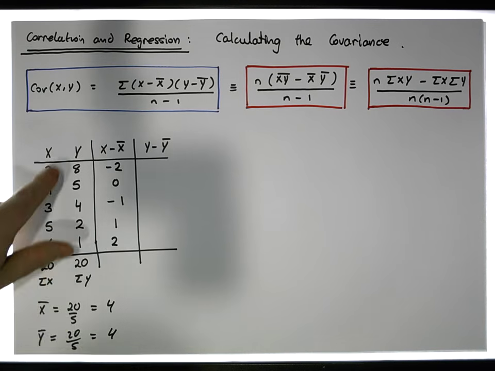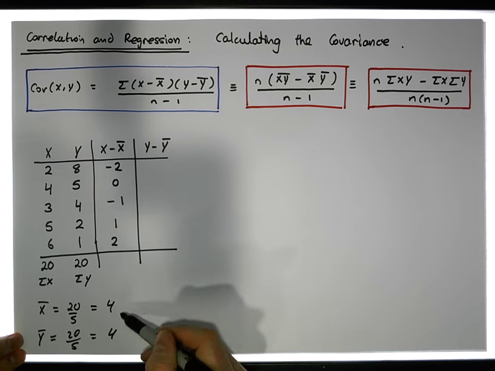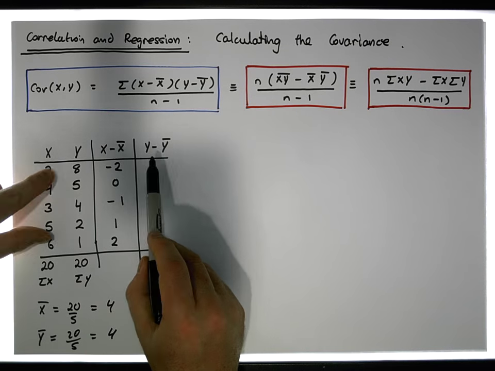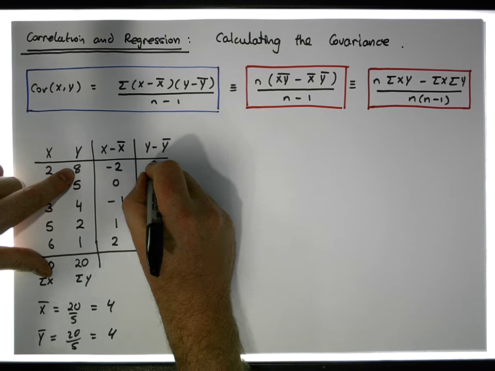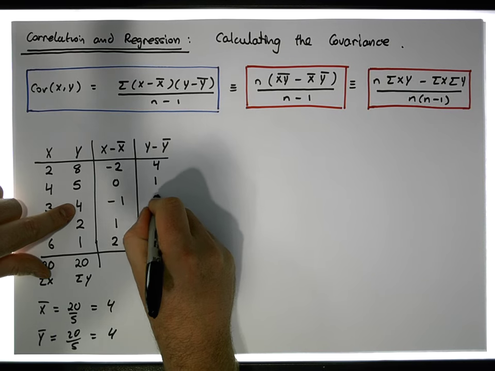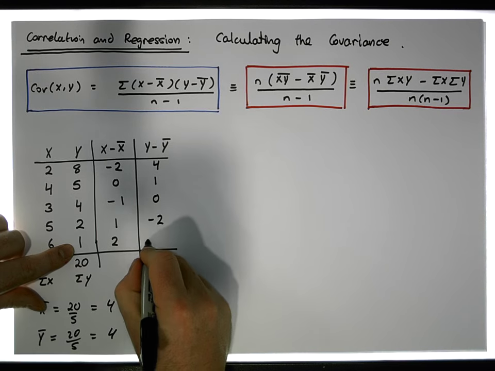In this case, it just happens that the average of the x's and the y's is the same. It won't necessarily be like that. For the y's minus y bar, 8 minus 4 gives us 4, 5 minus 4 gives us 1, 4 minus 4 gives us 0, 2 minus 4 gives us minus 2, and 1 minus 4 gives us minus 3.